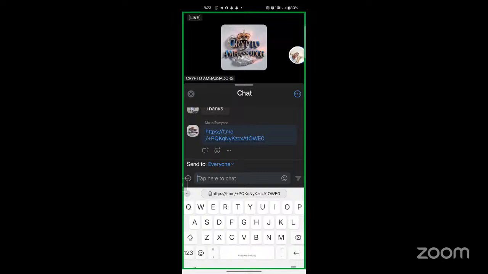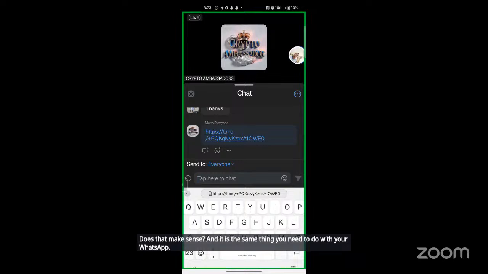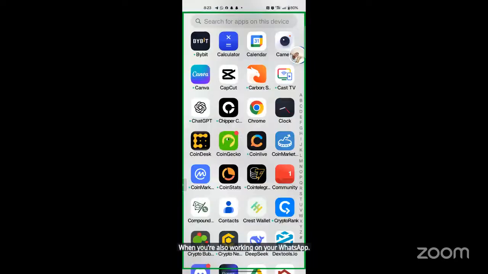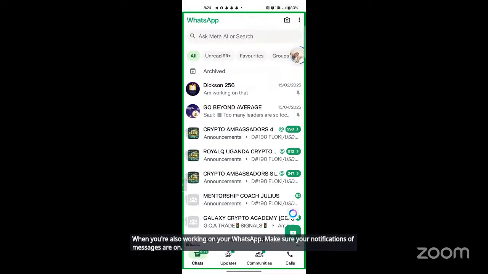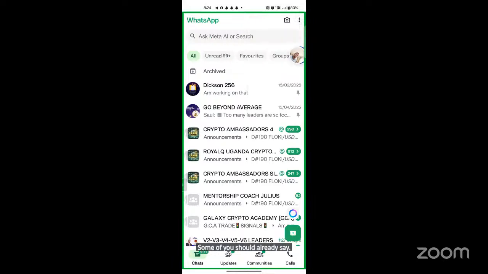And it is the same thing you need to do with your WhatsApp. When you're also working on your WhatsApp, make sure your notifications of messages are on. Some of you usually say you miss out.